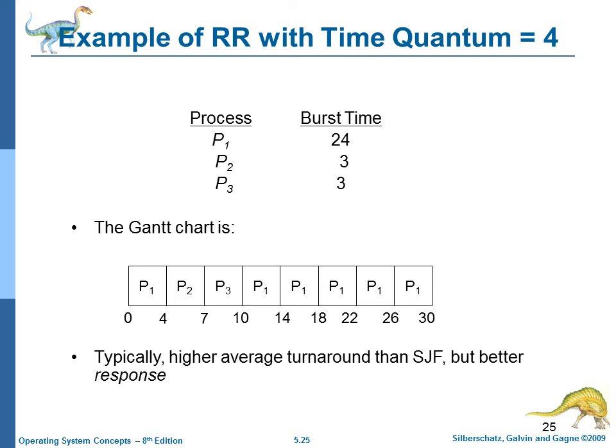Then we give the turn back to process number 1, which will work for about 1, 2, 3, 4, 5 time quantums to finish its burst time, which is 24 milliseconds. Typically it has a higher average turnaround time than shortest job first, but it has a better response time.